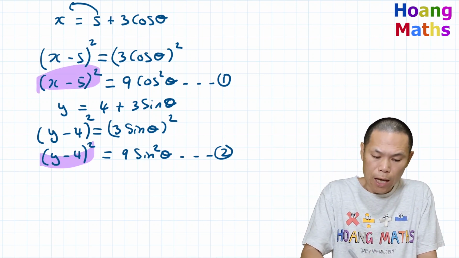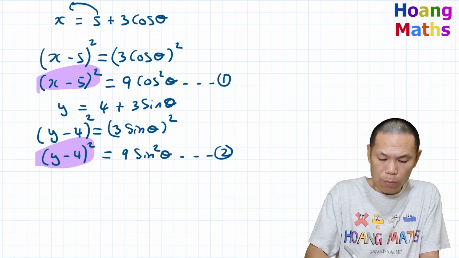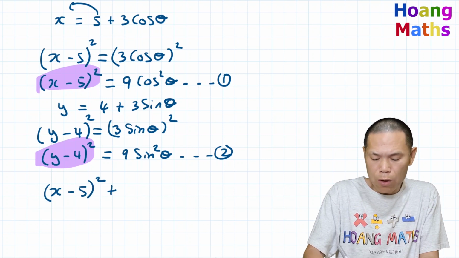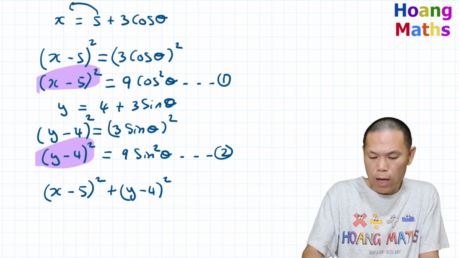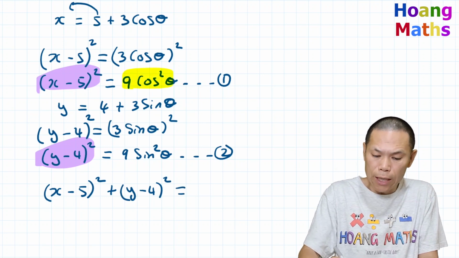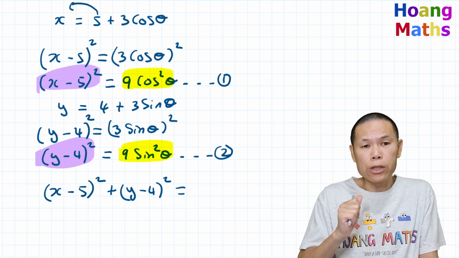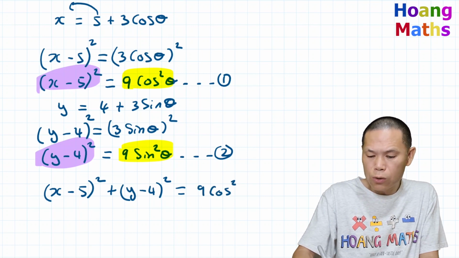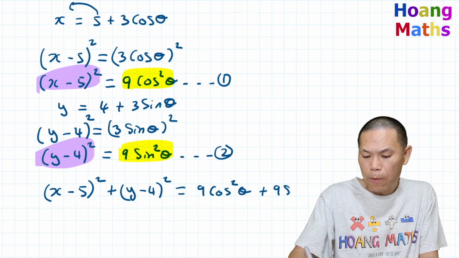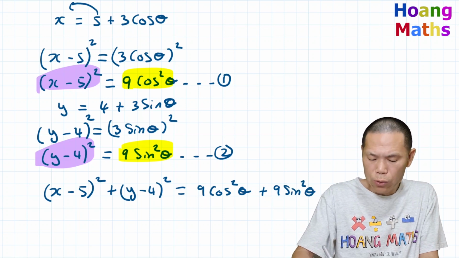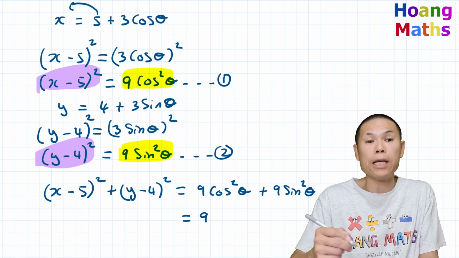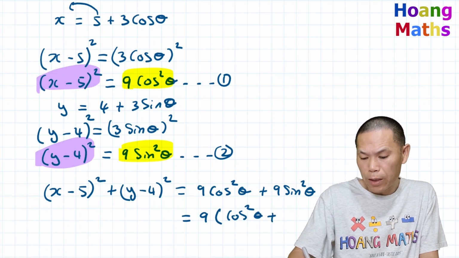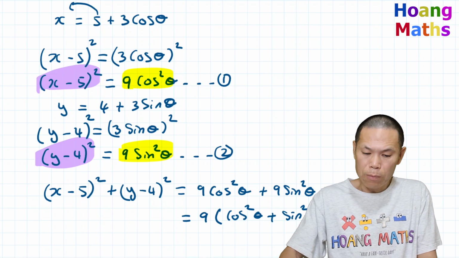On this side, that will give me (x minus 5) squared plus (y minus 4) squared is equal to, on the other side, 9 cos squared theta plus 9 sine squared theta. Now I take the 9 out because 9 is a common factor, with brackets, cos squared theta plus sine squared theta.